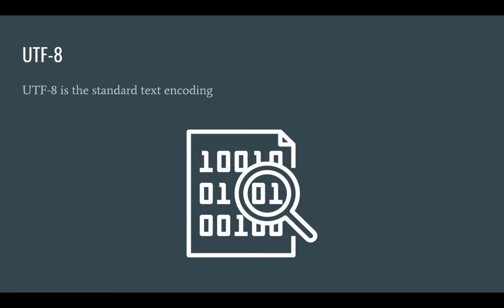There are many different types of character encodings, but the main one you probably want to know is UTF-8. UTF-8 is the standard text encoding, and all Python 3 code is in UTF-8.